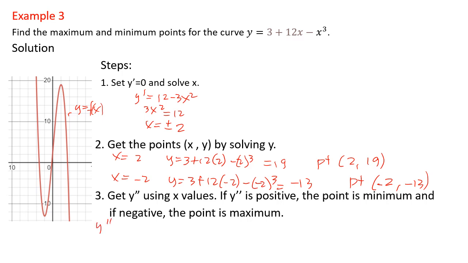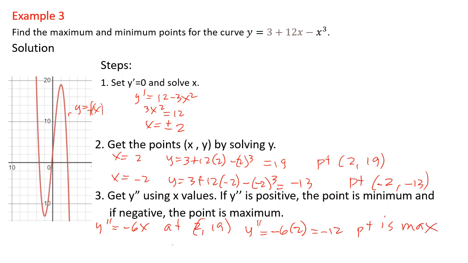To check whether this one is minimum or maximum, get y double prime. Y double prime equals minus 6x. So at 2, 19, y double prime equals minus 6 times 2 equals minus 12. The point is maximum.